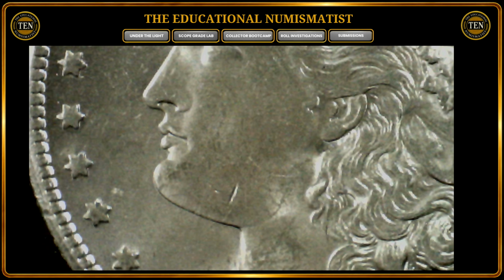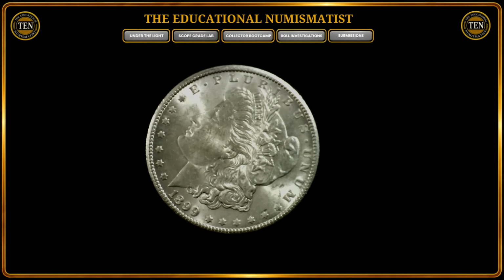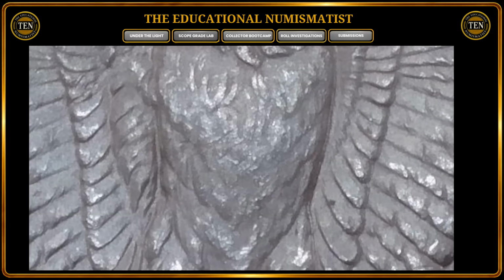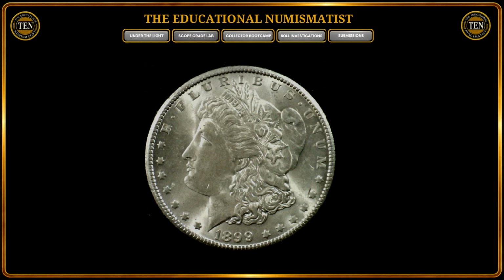They could disagree about how much the weak strike should limit the grade. One might find the overall appearance attractive despite the softness. Another might believe the flat central reverse reduces the coin's eye appeal enough to hold it back. The grading standards provide structure, but the grader must still decide how the evidence fits within those standards.